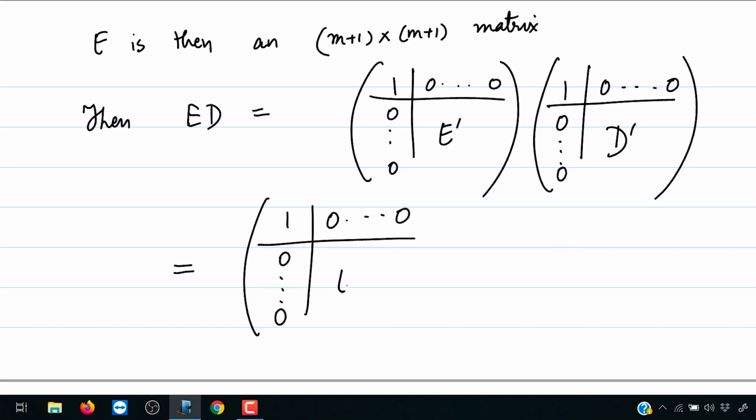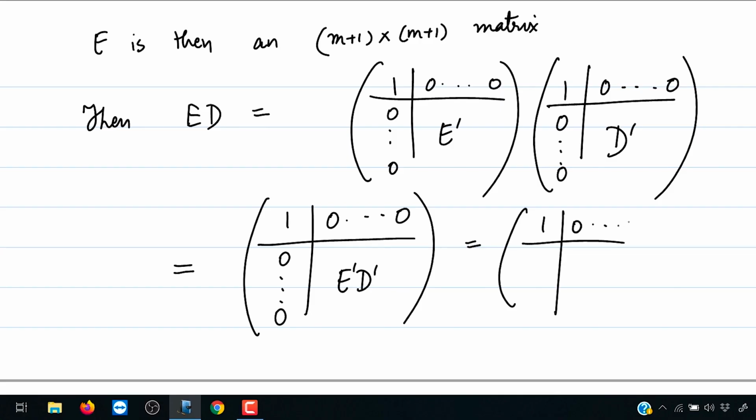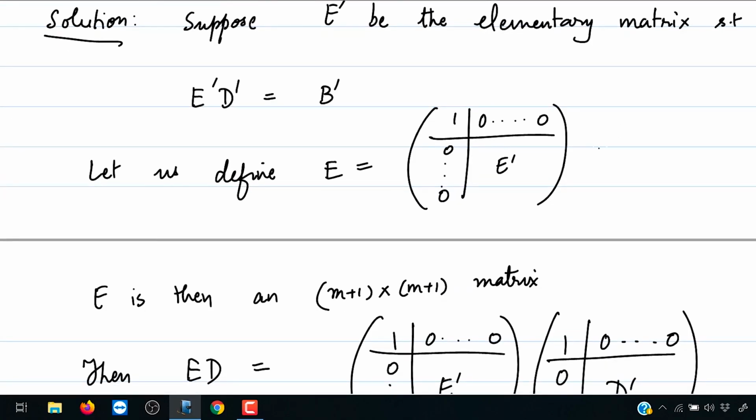This is going to be E prime D prime, which is nothing but E prime times D prime, which is B prime, which is exactly equal to B. So basically from our elementary matrix E prime, we have defined this particular matrix as is done here in star.